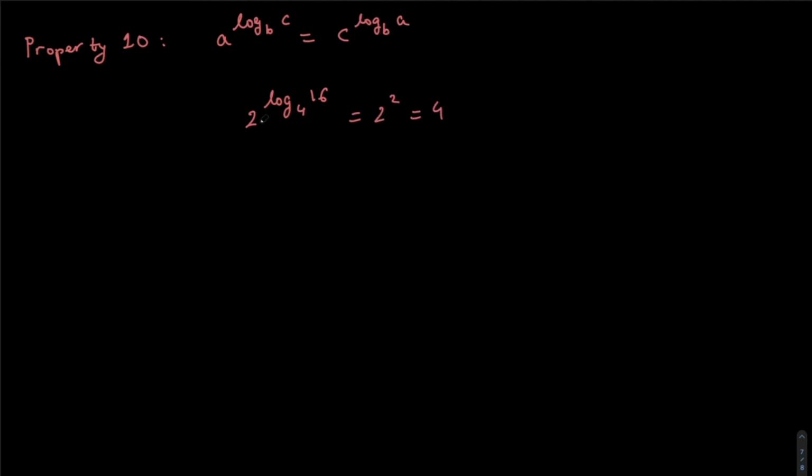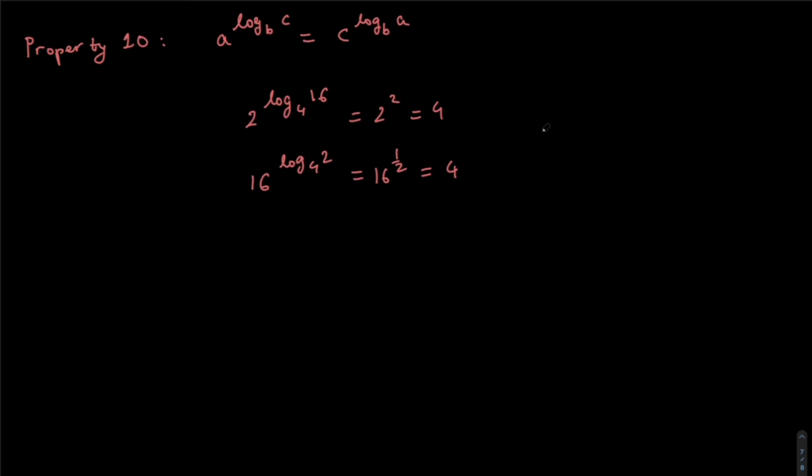Now using the property, I would swap 16 and 4, giving 16 raised to the power log base 4 of 2. Log base 4 of 2 gives us half. So this is 16 raised to the power half, the square root of 16, which is also 4. So you can see how this property holds.